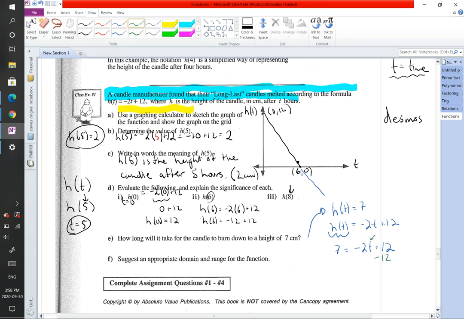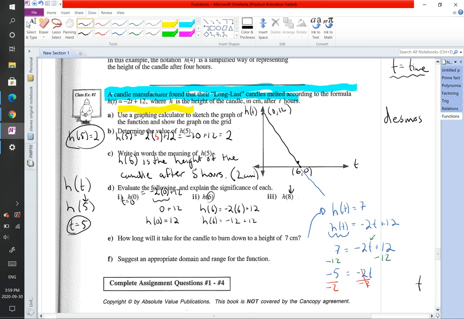So I'm going to subtract 12 from both sides, and then I'm left with -2t on this side. 7 minus 12 is -5. And then what I can do is divide both sides by -2. I need to get rid of that -2. And that cancels things out on that side. I should have used green, sorry.